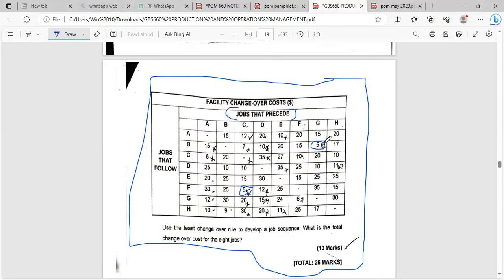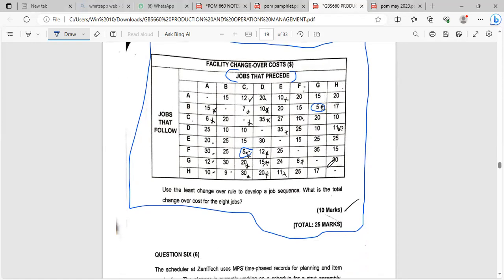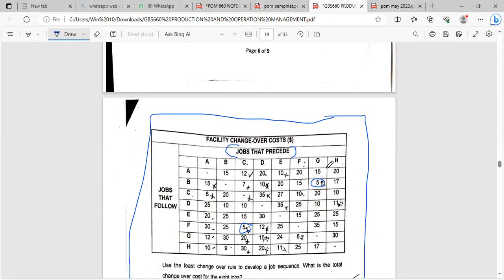Counter-check properly. Do we have another 5 here? No. So meaning that you are going to have only two job sequences.